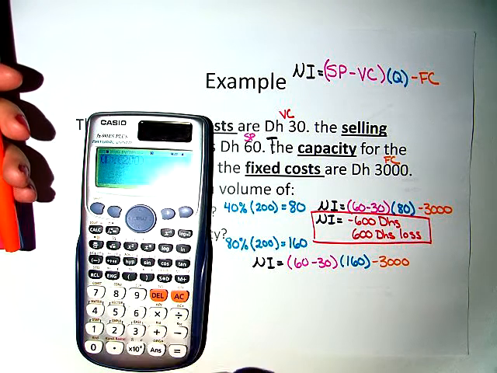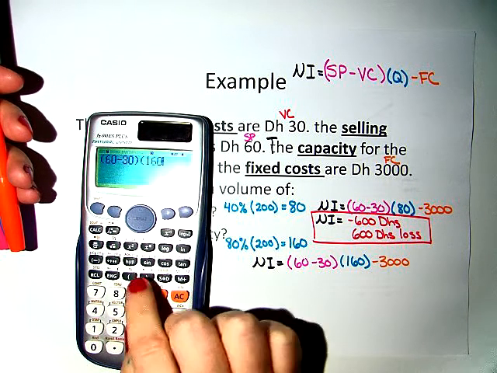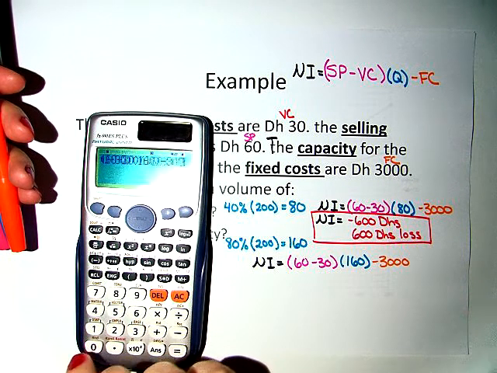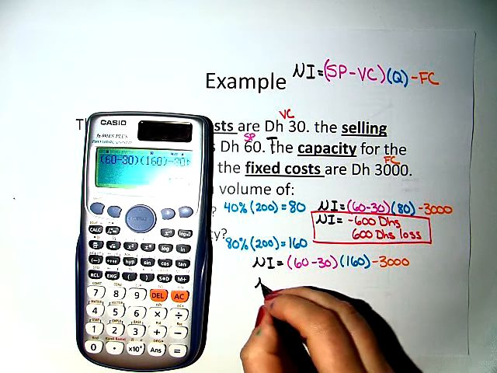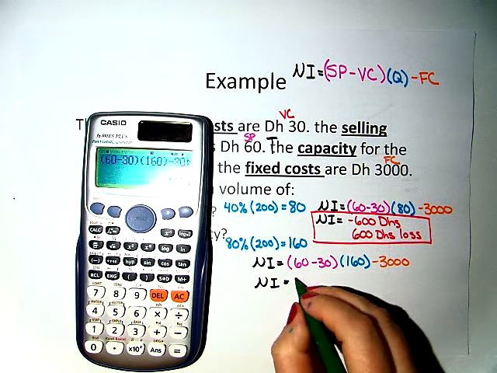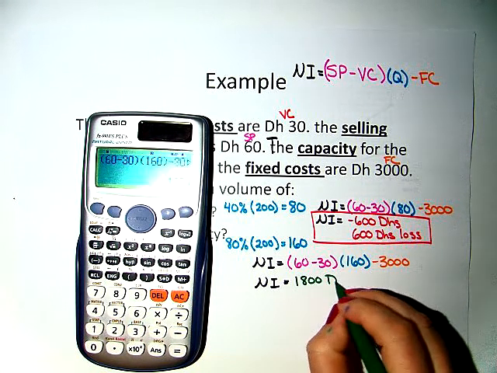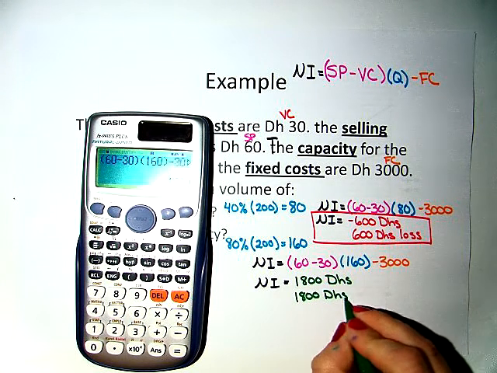Okay, 60 minus 30 times 160 minus 3,000 gives me a net income of 1,800 dirhams, or 1,800 dirham profit.